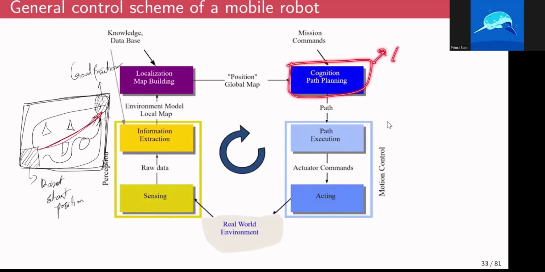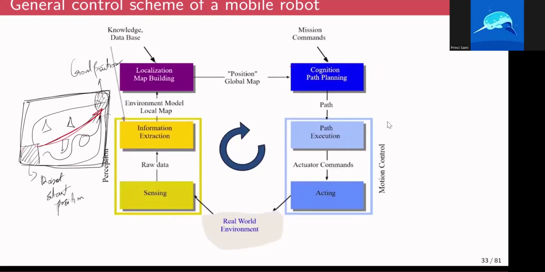This is where the navigation algorithms run. And once an ideal path has been selected, we'll have a motion controller, which will give the appropriate commands to the actuators so that the robot can start executing the motion.